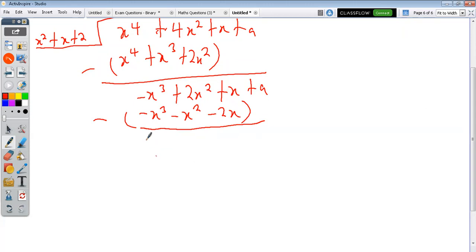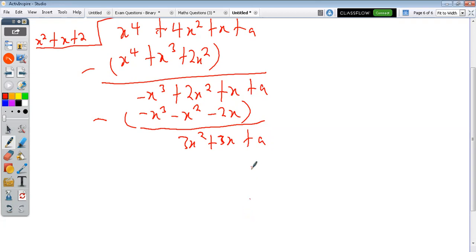This is now 0. This will be negative, because here I'm saying 2x minus 2x becomes a 2x plus that. So it becomes 3x squared. Then x minus here it also becomes positive, plus 3x, because x minus negative 2x is a positive 3x. Then we bring down the a.